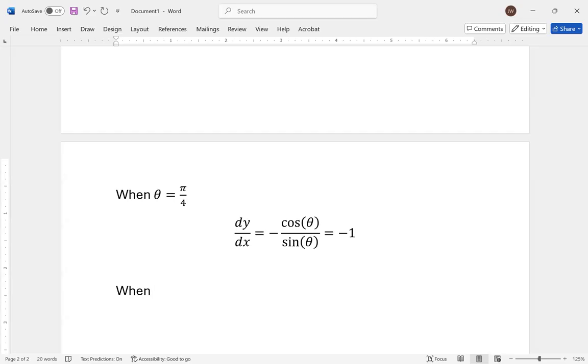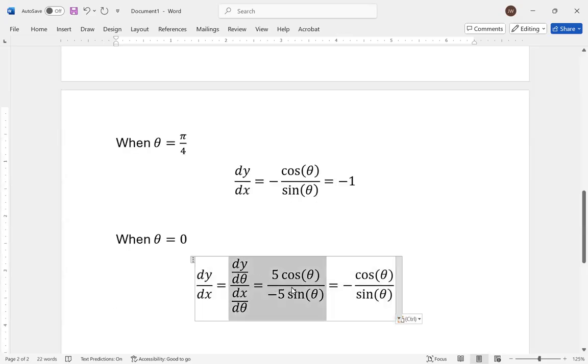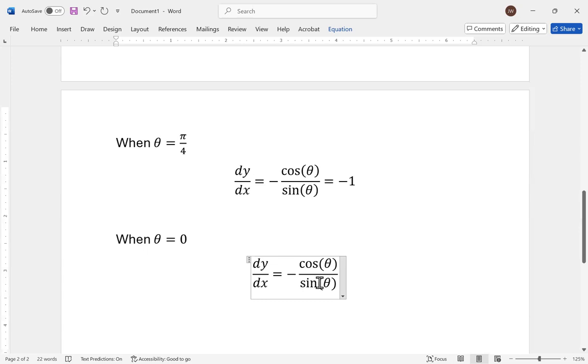Now, when theta equals 0, then that thing becomes, well, cosine of 0 is 1. Sine of 0 is 0.